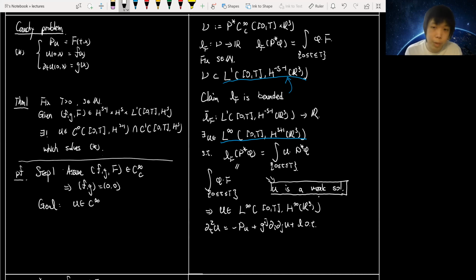Basically, the two time derivatives of u is pu, which is f, plus the spatial Laplacian. Therefore, that would be smooth. Using that, u will be a smooth function.